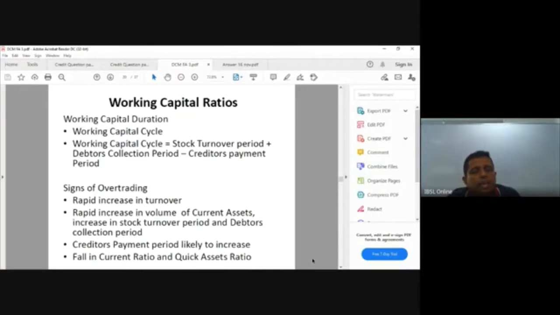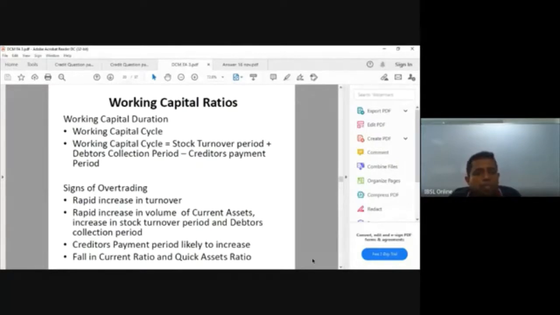First one is rapid increase in turnover. Your turnover is getting increased very rapidly. Then rapid increase in volumes of current assets. Again, your current assets, meaning debtors and inventories, are also getting increased.